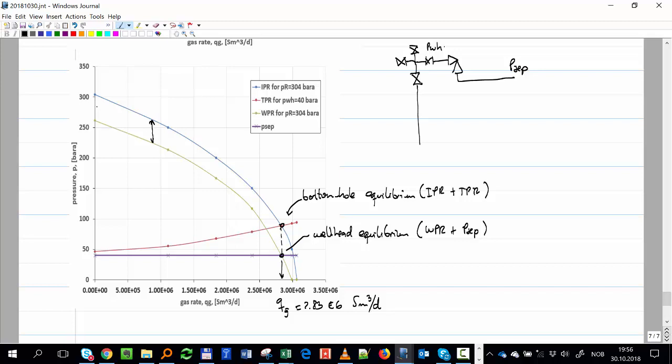So I need something to reduce that energy drastically, and the perfect element to do that is the choke. I burn all this energy to bring it exactly to what I need. If I want to produce 1.5, that will be the delta P of my choke.